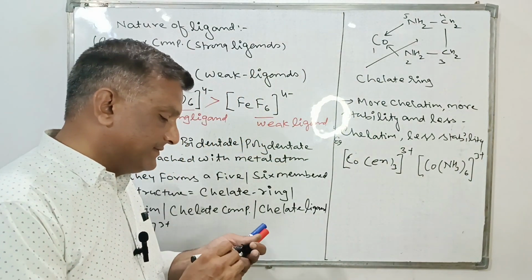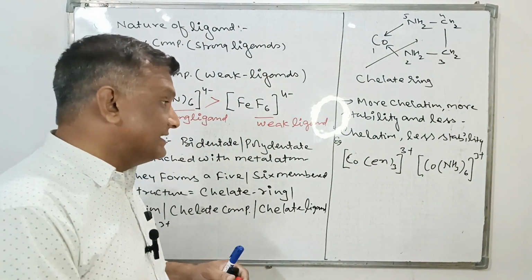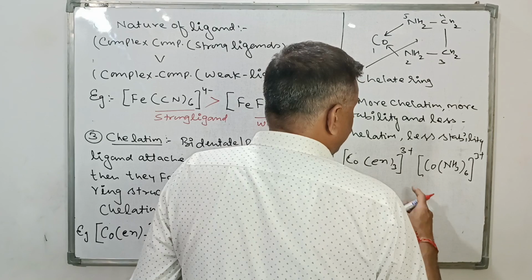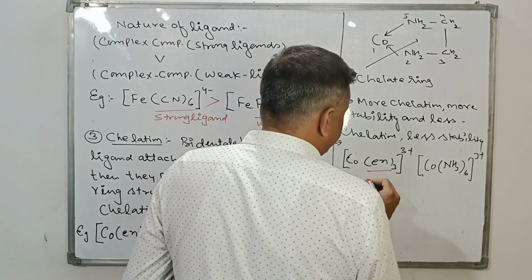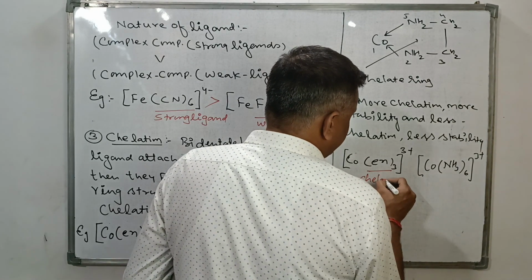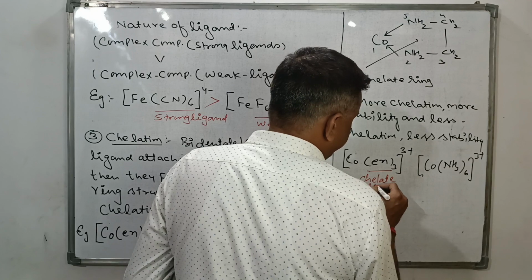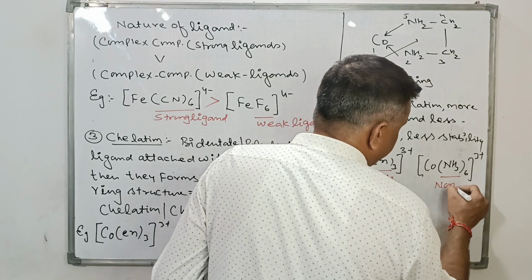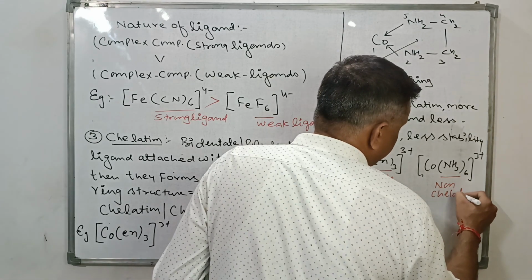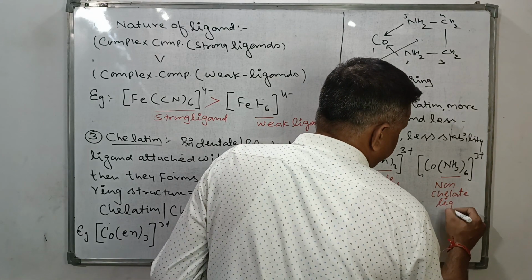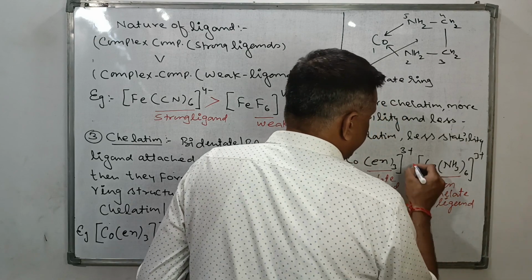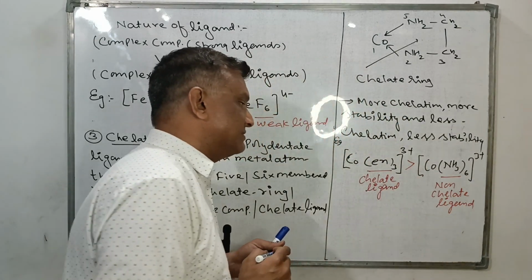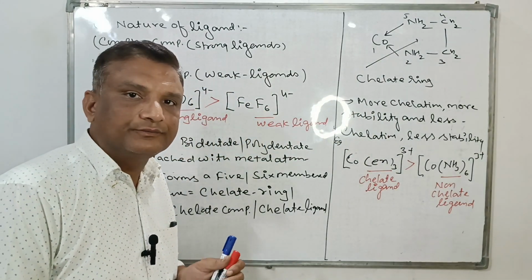Then we can say en is a bidentate ligand and NH3 is a monodentate ligand. So en forms a chelate ring, that's why it's a chelate ligand, while NH3 is a non-chelate ligand. So if we go with the stability, the first compound will be more stable than the second compound.